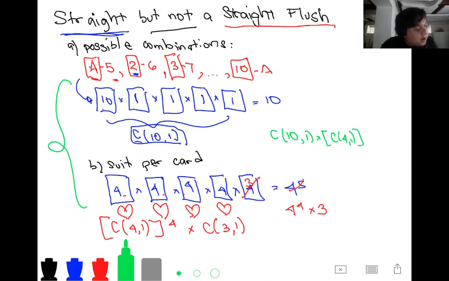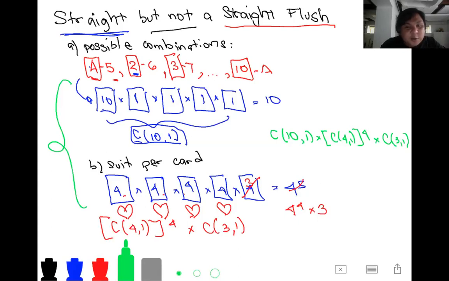Oops, I forgot the 1. Raised to the 4th because the 4 cards have to be from 4 different suits. Right? Or the 4 cards have to be one of the 4 different suits, except for the last one, which has to be guaranteed to be different from at least one of the first 4.